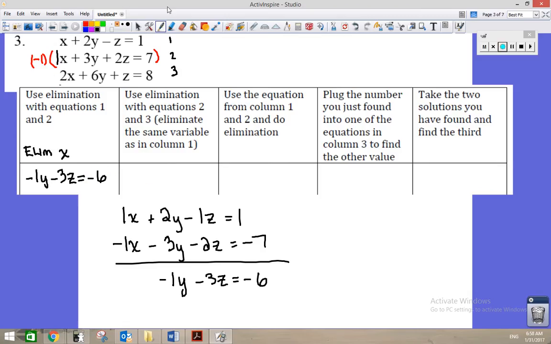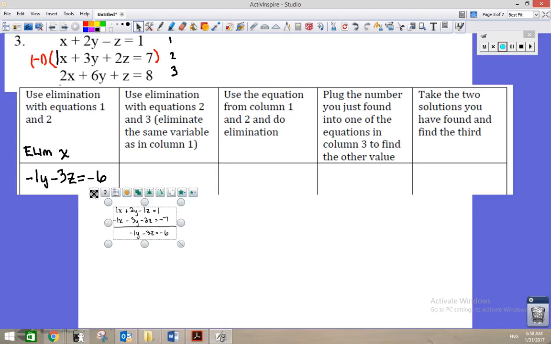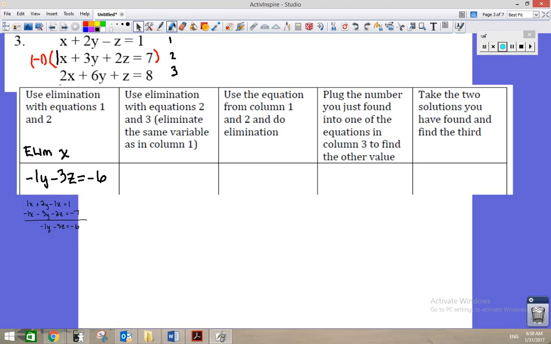Now I'm going to move on to column 2. I want to still eliminate the same variable, so I'm going to eliminate x. But this time I'm going to use equations 2 and 3 to do it.